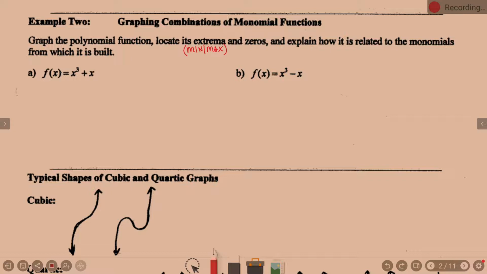Yep. So zeros, we're going to be talking about x-intercepts. Okay. And then when it talks about how it is related to the monomials from which it's built, the question is going to be how is it related to the x cubed that's part of the equation and the x that's part of the equation.